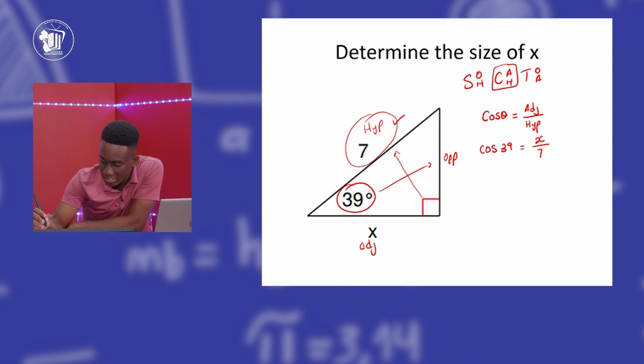To solve for x, the 7 is dividing, so we take it over and multiply: 7 multiplied by cos 39 is equal to x. x will be approximately 5.4, and that is the value of x.